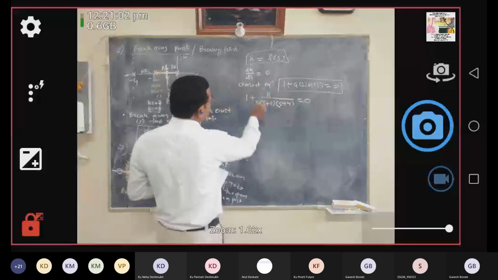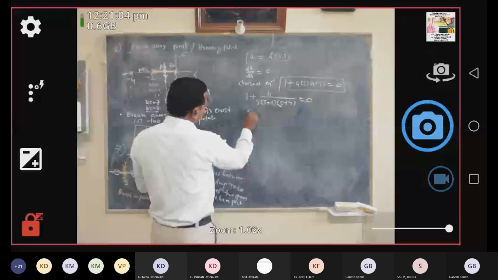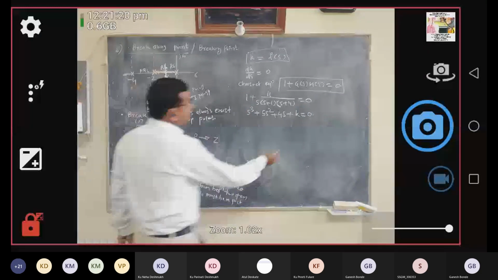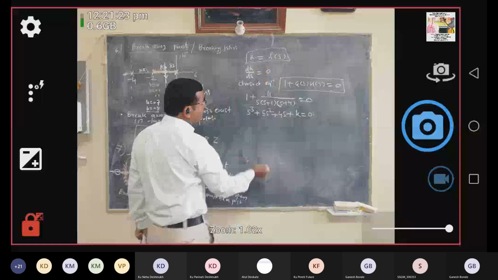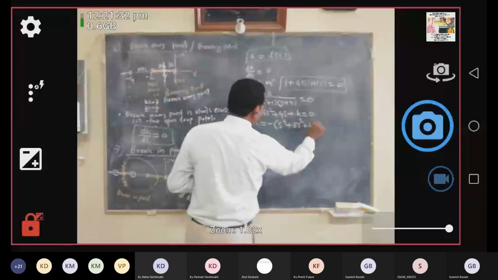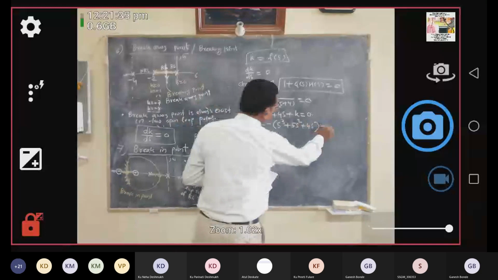If you expand this expression, we get s cube plus 5s square plus 4s plus k equal to 0. Now you can express k as a function f of s. So here you get k equal to minus of (s cube plus 5s square plus 4s).